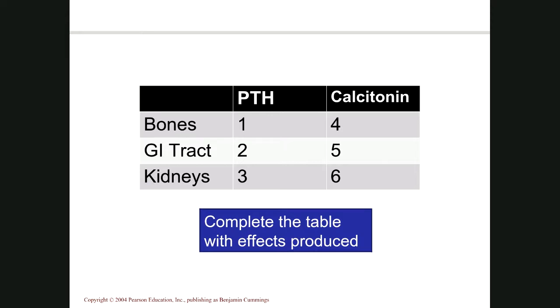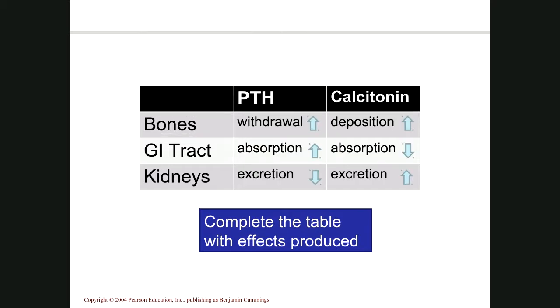So this is like a quiz. Question number one is, what does PTH do at the bones? And the answer is, it causes the withdrawal of calcium from the bones.